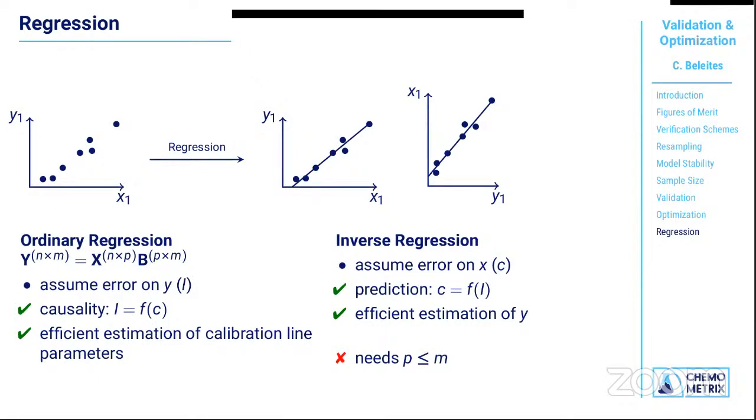If that's the usual thing in machine learning to do, then we will usually use inverse regression. On the other hand, ordinary regression is better at estimating the parameters of the calibration line. So if the parameter we're actually interested in happens to be, for example, the slope of the calibration line, then we're better off doing a classical regression.